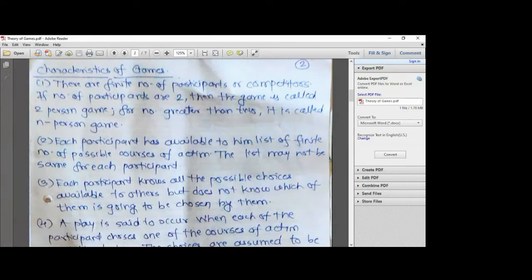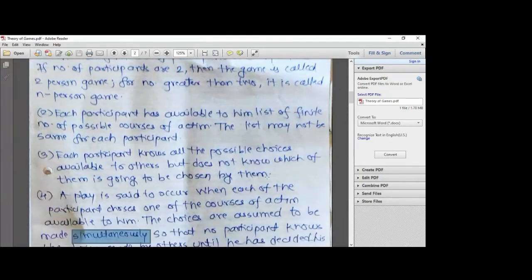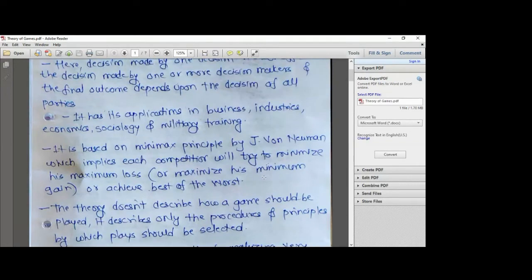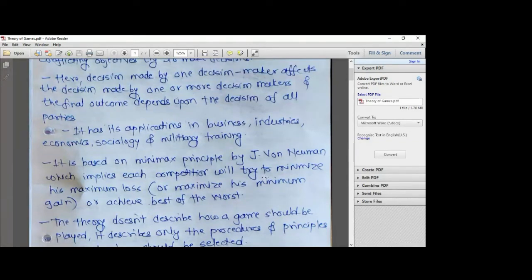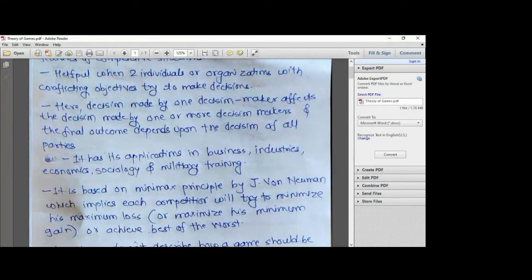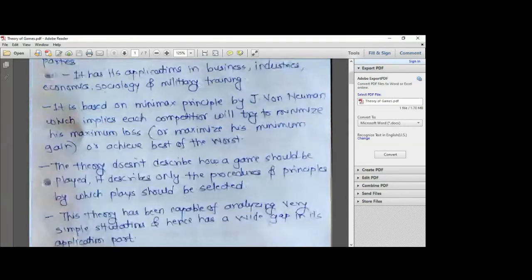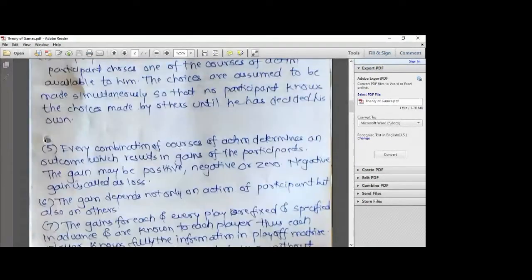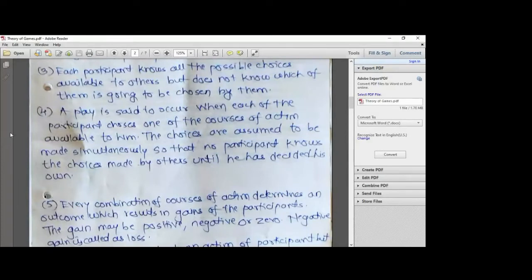Okay, so a decision made by one decision maker will affect the decision made by one or more decision makers. So after every play they have a choice in the next play of which action is to be chosen.